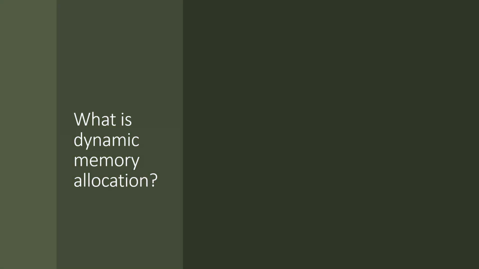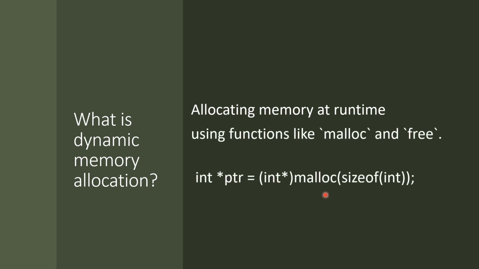What is dynamic memory allocation? Allocating memory at runtime using functions like malloc, or freeing it by using the free function. For example, here integer star ptr.